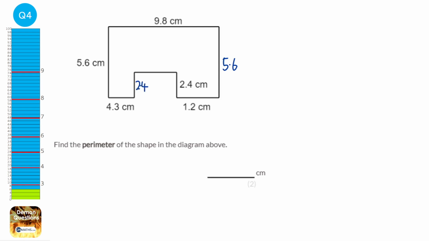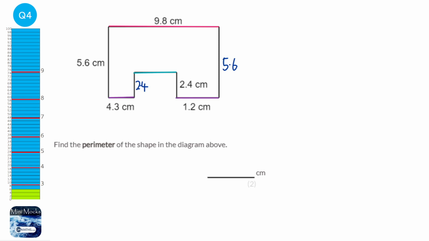This length here is going to be slightly more tricky to work out. What we do is we work out the total length across, or the total width across, which is 9.8, and we take away the bits that we know. So we take away these purple lengths at the bottom.